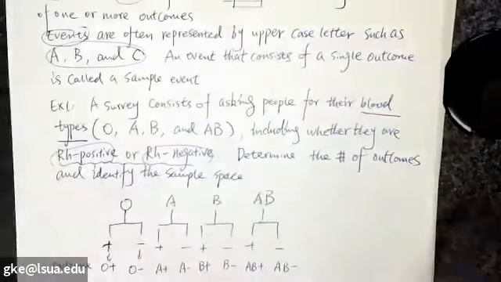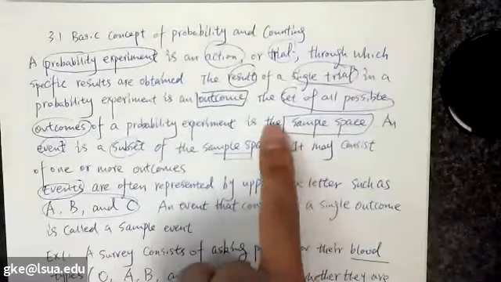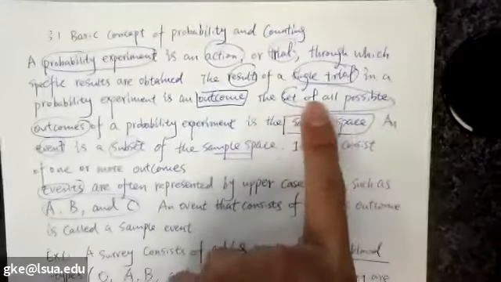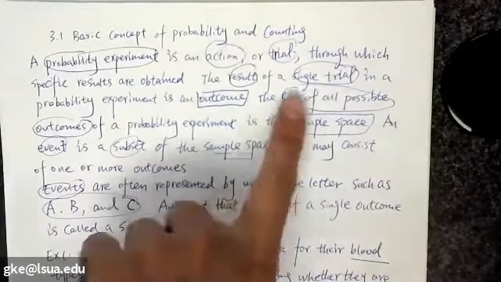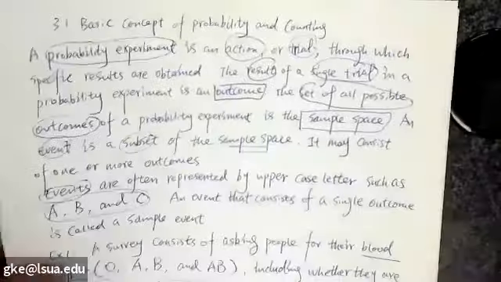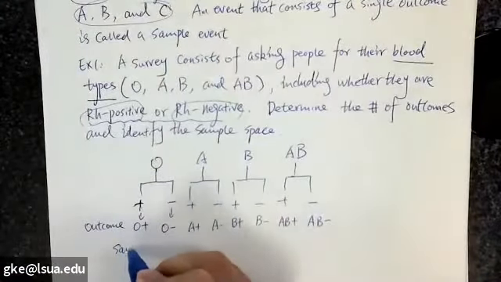Now, based on the definition, the sample space is the set of all possible outcomes.